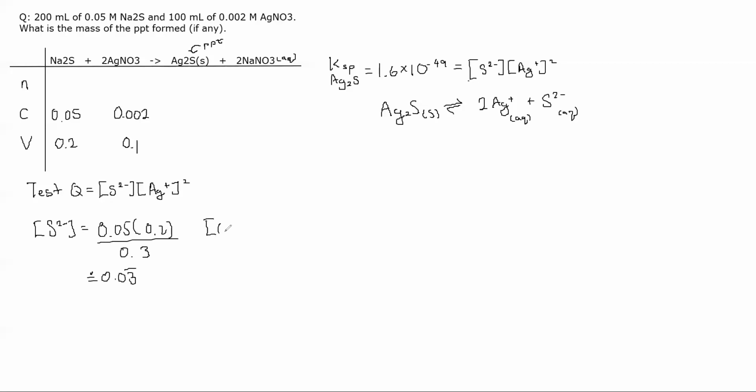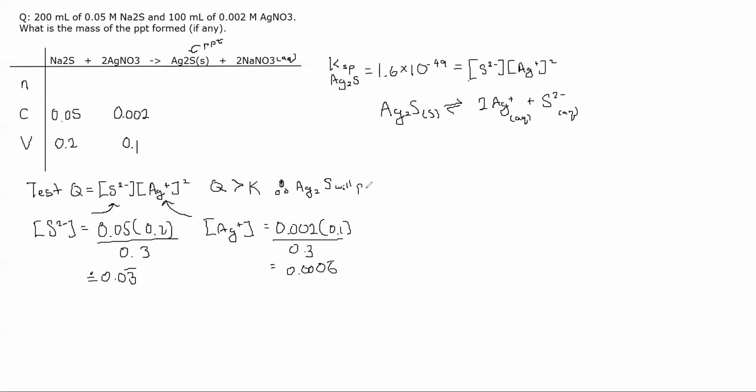Repeating, the concentration of silver would be the initial concentration of silver multiplied by the volume, which gets me the moles, divided by the final volume, which gives me a concentration of 0.0006. Plugging all of these in, I would get a Q value that is much larger than the K value of 1.6 times 10 to the negative 49. Therefore, Ag2S will precipitate.